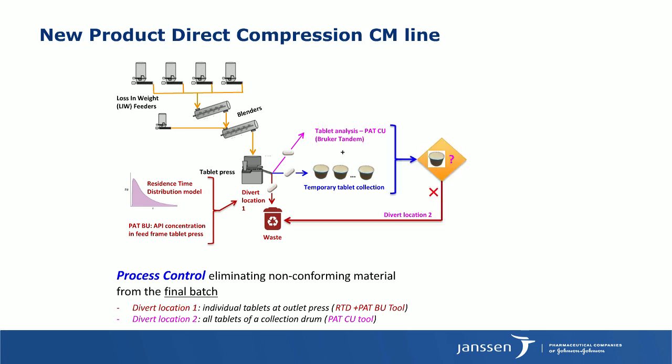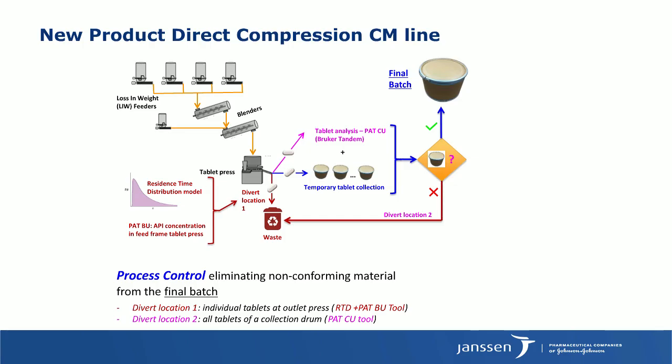Then a second diversion tool is that we can remove a temporary tablet collection drum. For example, if our PAT-CU tool tells us that the tablets in that particular drum are not conforming, then we can still remove that drum.